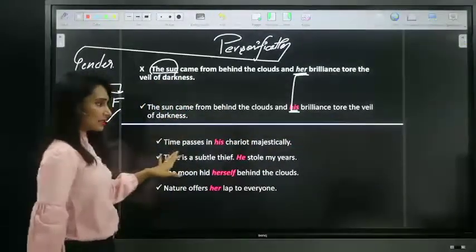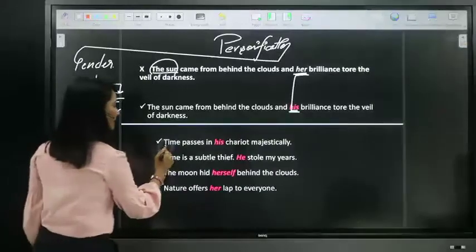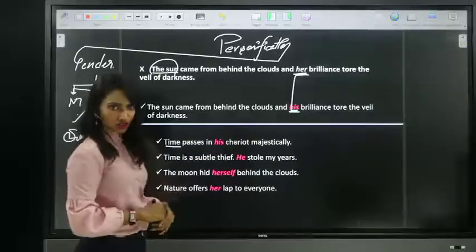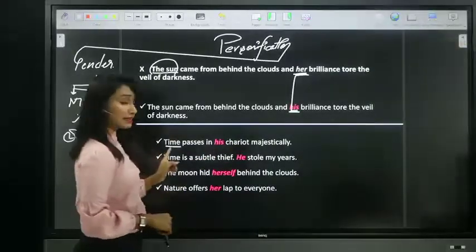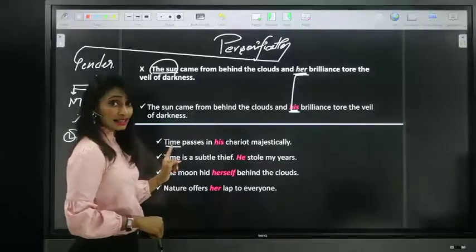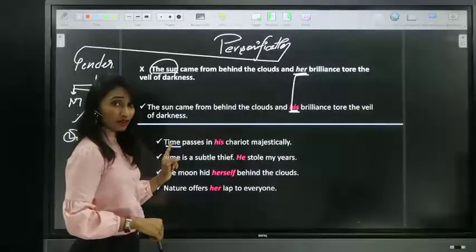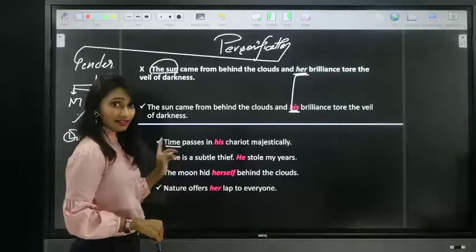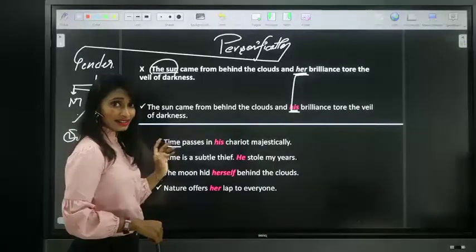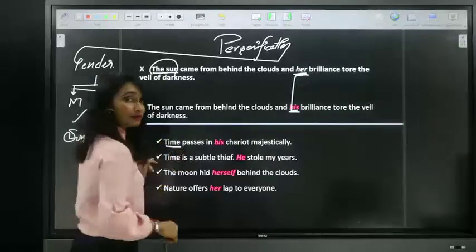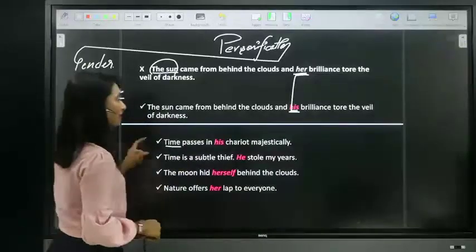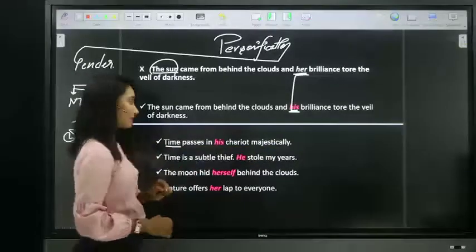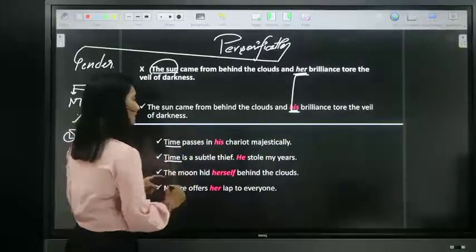Now look at these examples. Time passes in his chariot majestically. So time, guys. What is the gender of time when we personify? Yes, time comes under masculine gender again. Hence, his chariot. Time is a subtle thief.